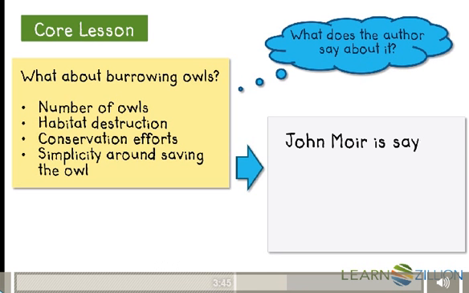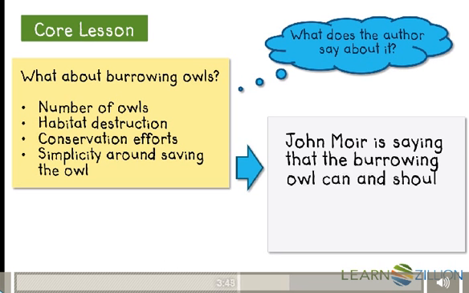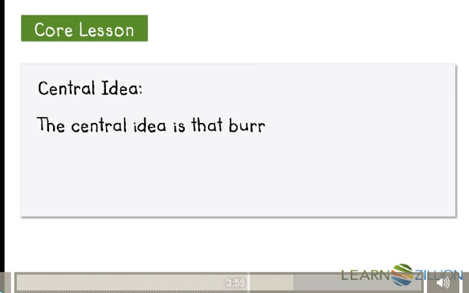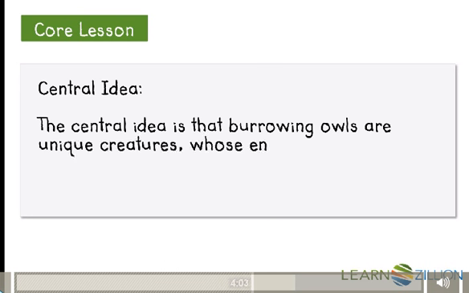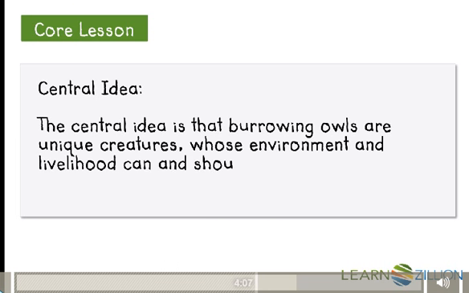So I can say that John Moyer is saying his main point is that the burrowing owl can and should be saved. So let's go ahead and jot down our central idea. So our central idea is that burrowing owls are unique creatures whose environment and livelihood can and should be protected.